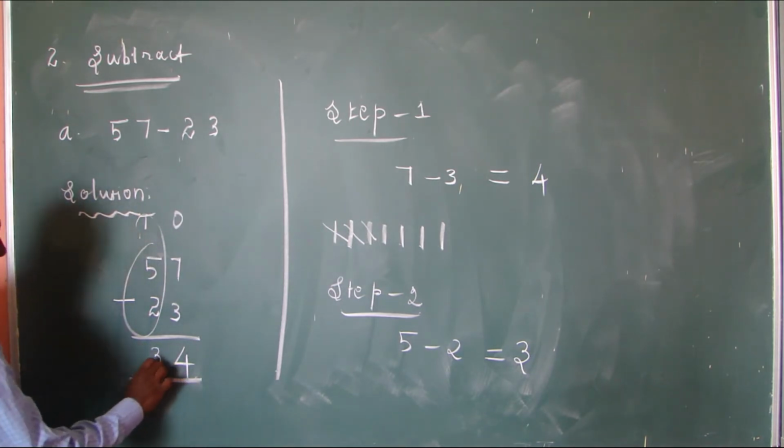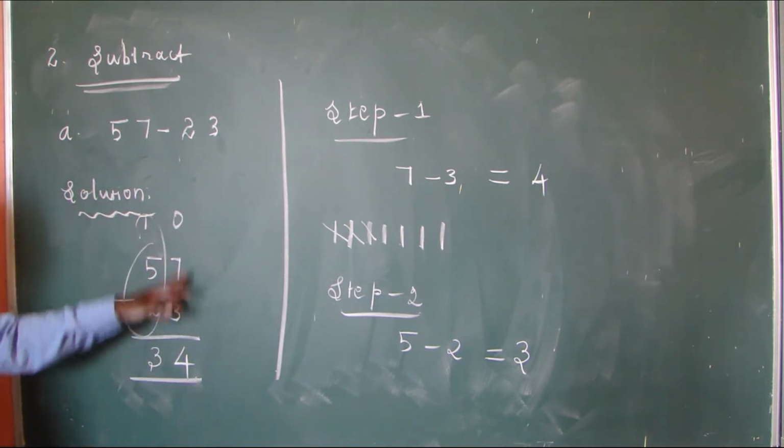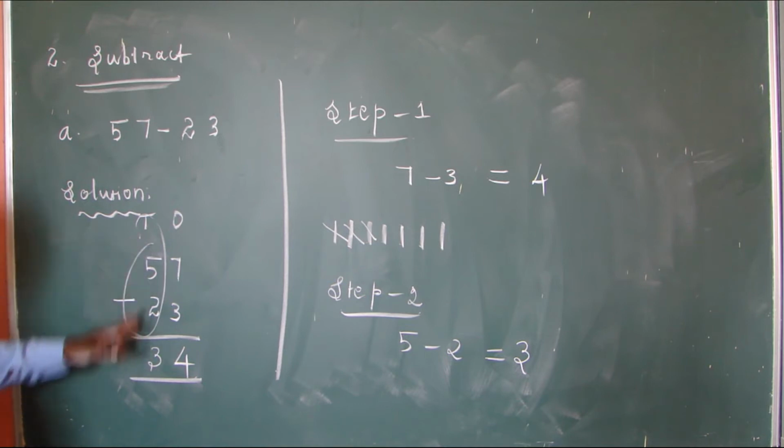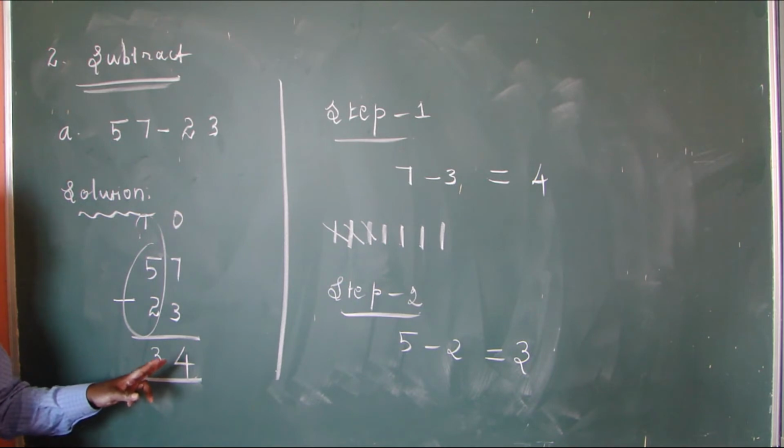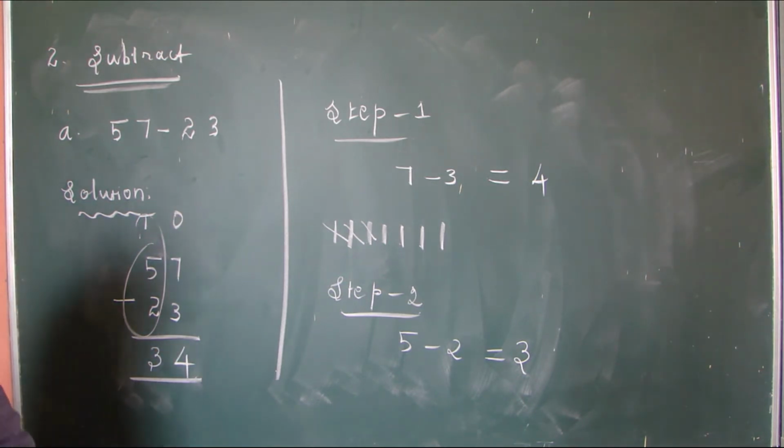The number 3, write in tens place. Here 4 ones and 3 tens, that means 34.